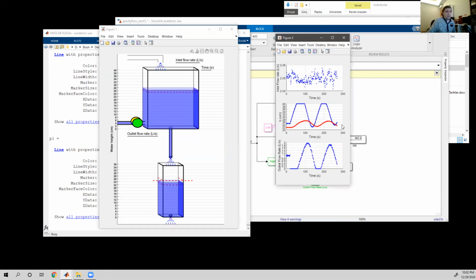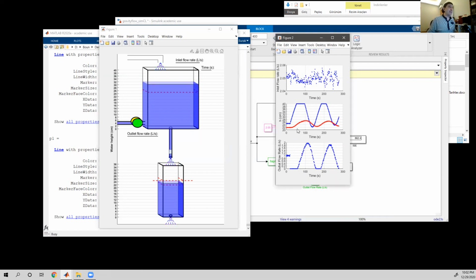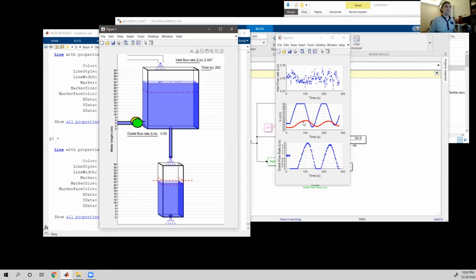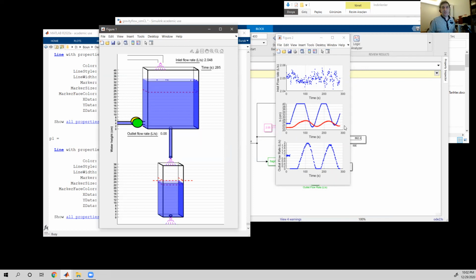Whether these oscillations will increase or not, I think they are decreasing, which is consistent with the idea that Cohen Coon settings, if you apply them as they are, give underdamped responses. So this is a typical underdamped response.